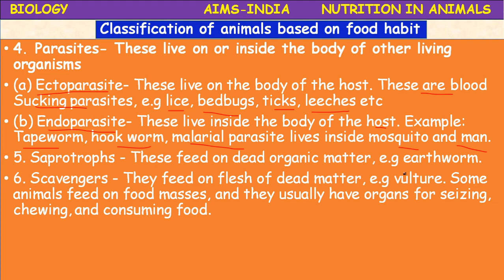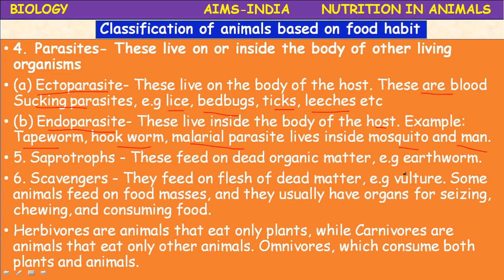Some animals feed on food masses, and they usually have organs for seizing, chewing, and consuming the food. Eagles, vultures. Vultures are called the natural scavengers. Even plants also have saprophytes and parasites. Bacteria and fungi belong to the plant group and are called saprotrophs.